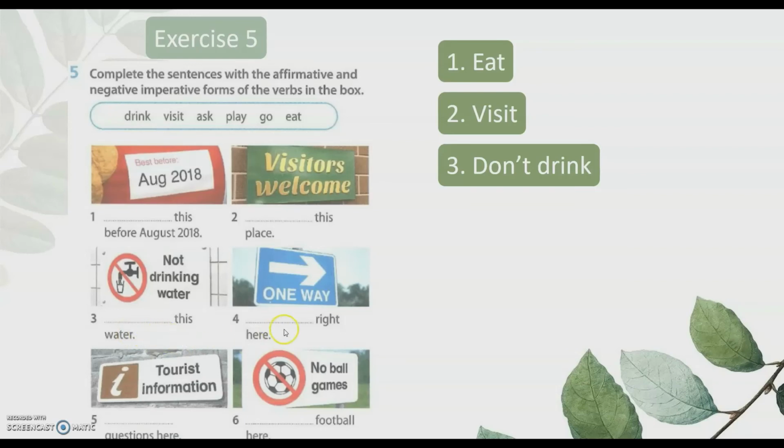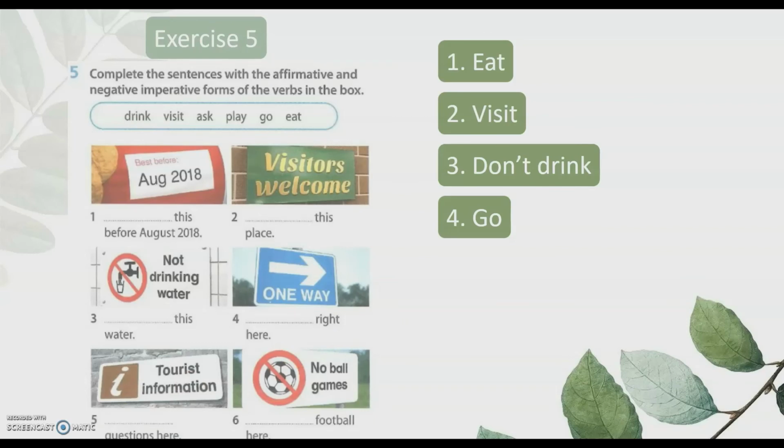Number 4, blank right here. There is a sign here telling us one way. So go right here. Number 5 is a sign of tourist information. Blank questions here.